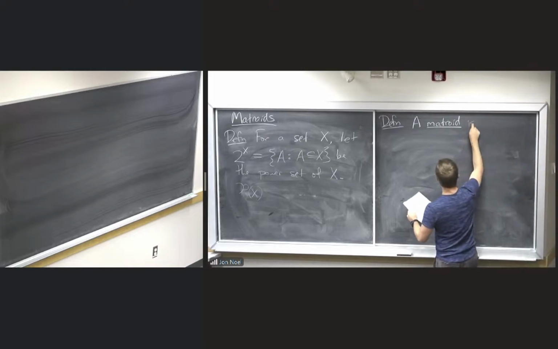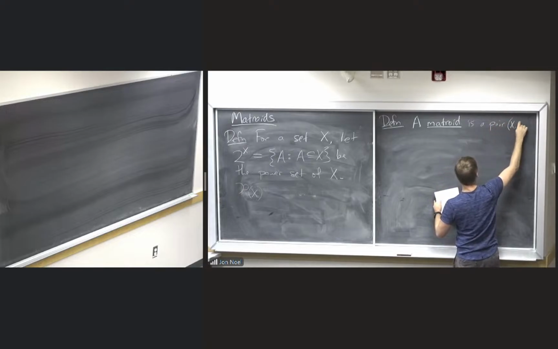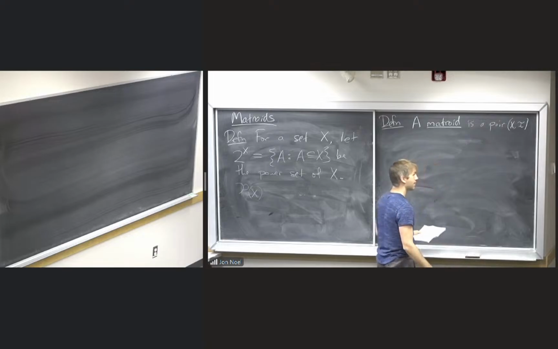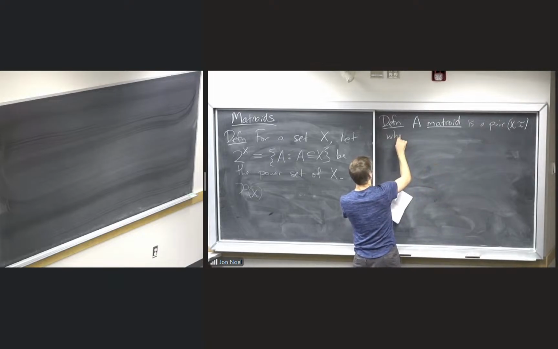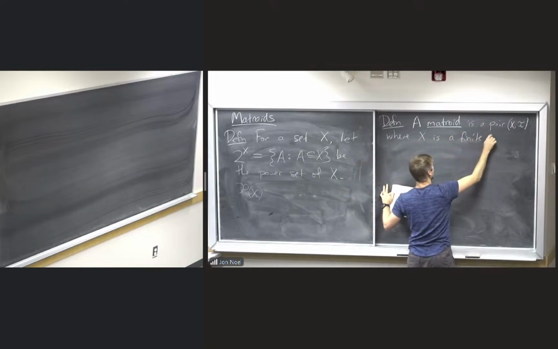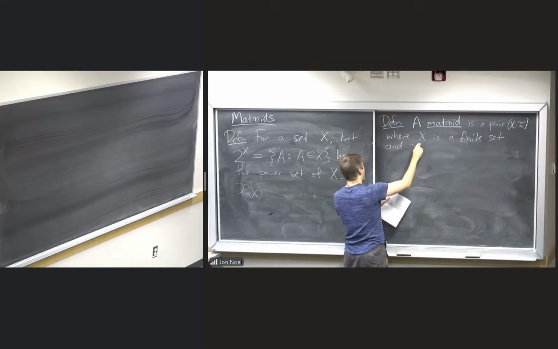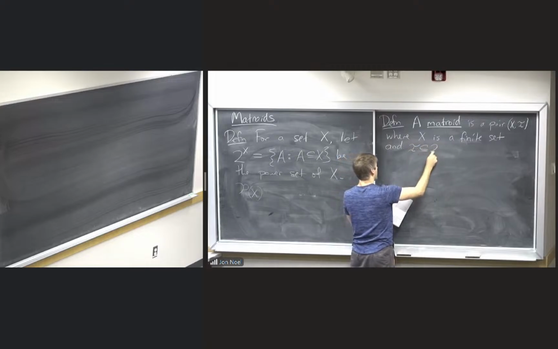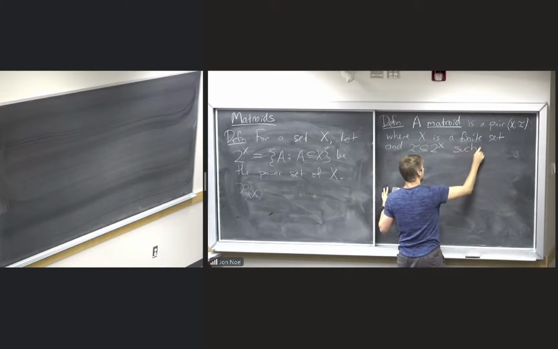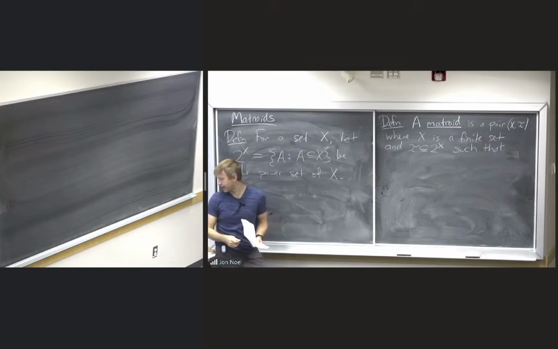It's a pair (X, script I), where X is a finite set, and I is a subset of the power set of X, such that 3 conditions hold.